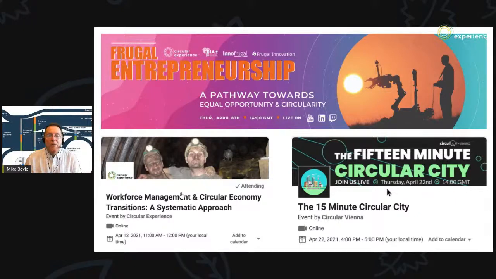And so we will have a number of guests coming from various parts of the world. I'm really looking forward to that. That will be taking place on the 8th of April.